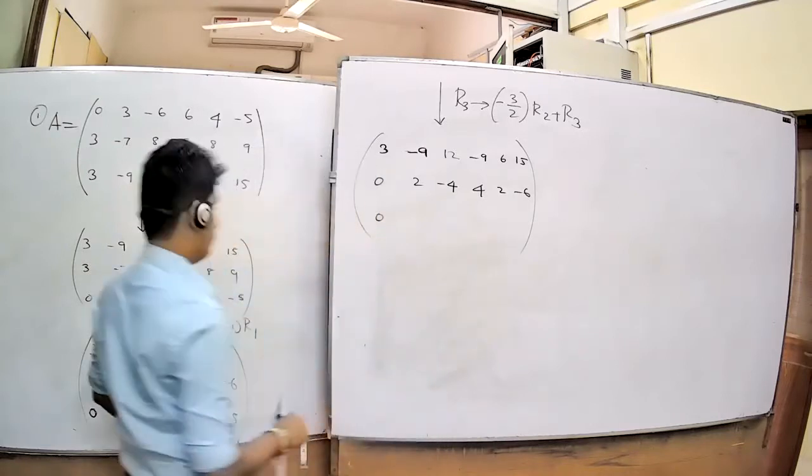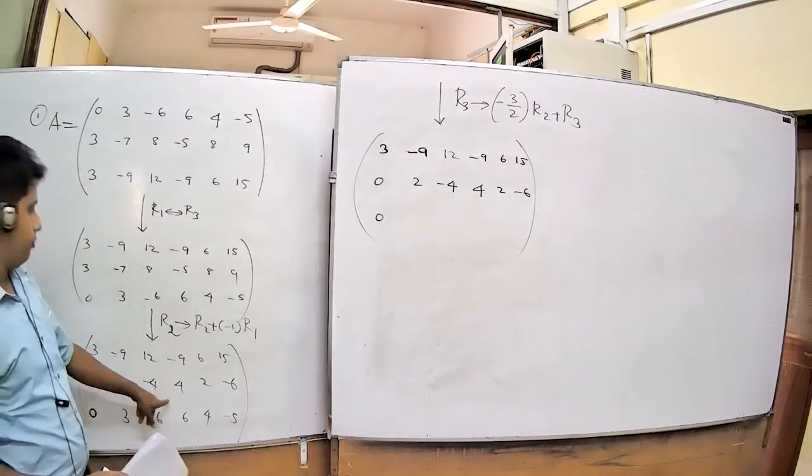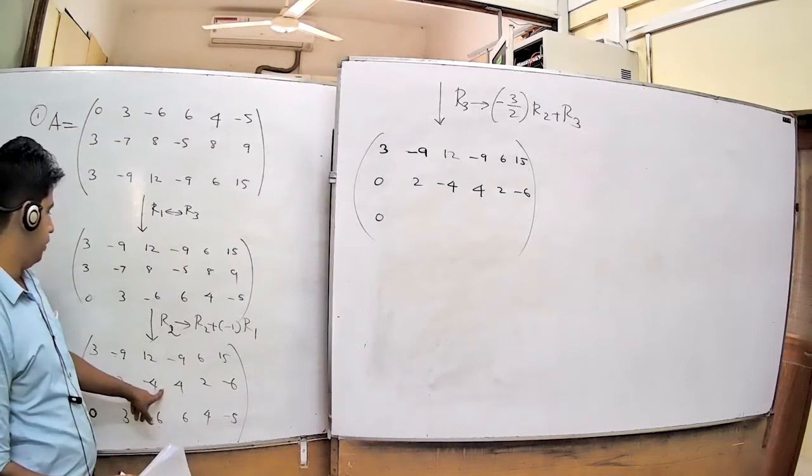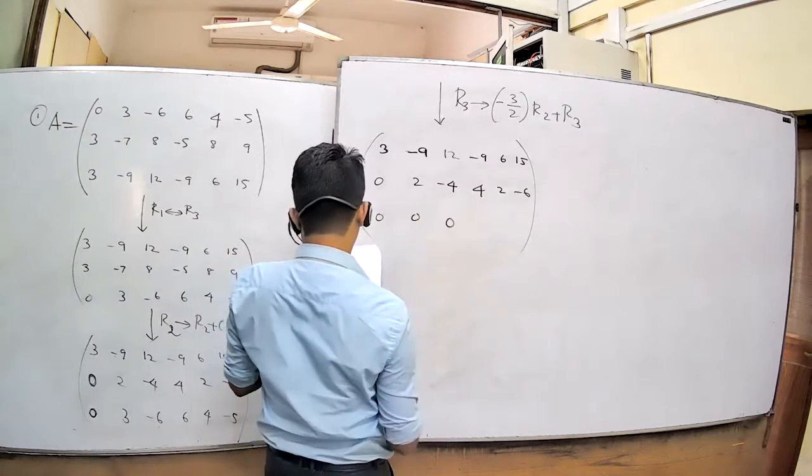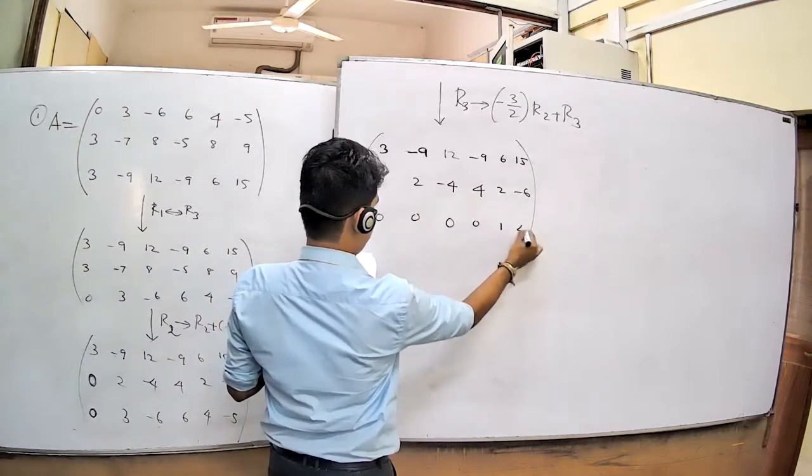Multiplying this by 3/2, you get 6, and here also 6. Therefore, altogether here 0, here 0, here 0, 1, 4.